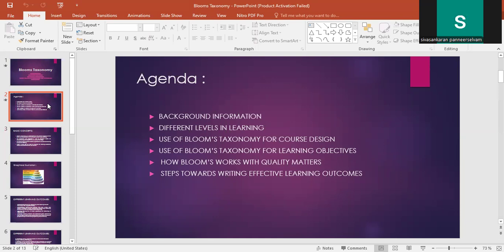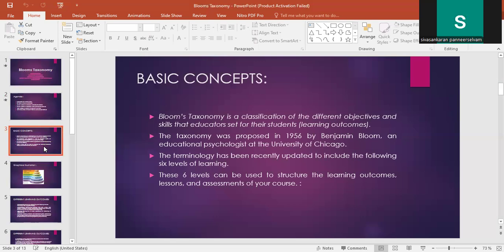So this is the overall agenda of today's presentation. Let us start with the basic introduction to the concepts of Bloom's taxonomy. What exactly does Bloom's taxonomy mean, and who is the father of Bloom's taxonomy? Benjamin Bloom introduced this concept in 1956.